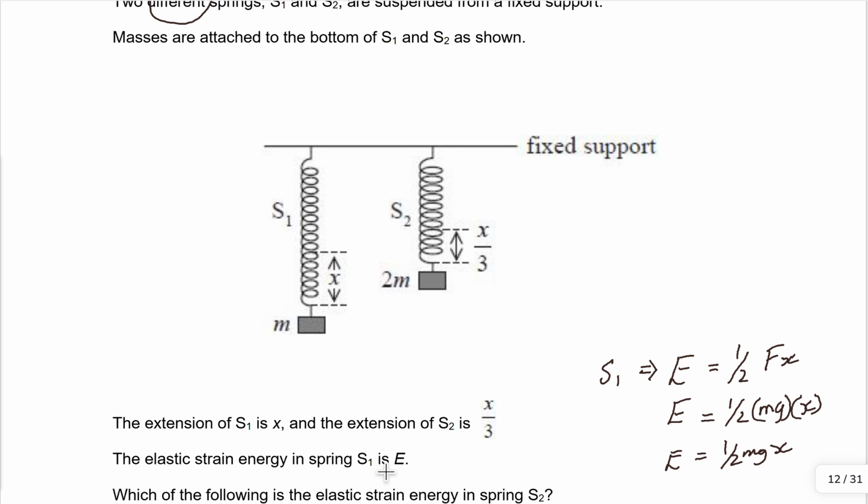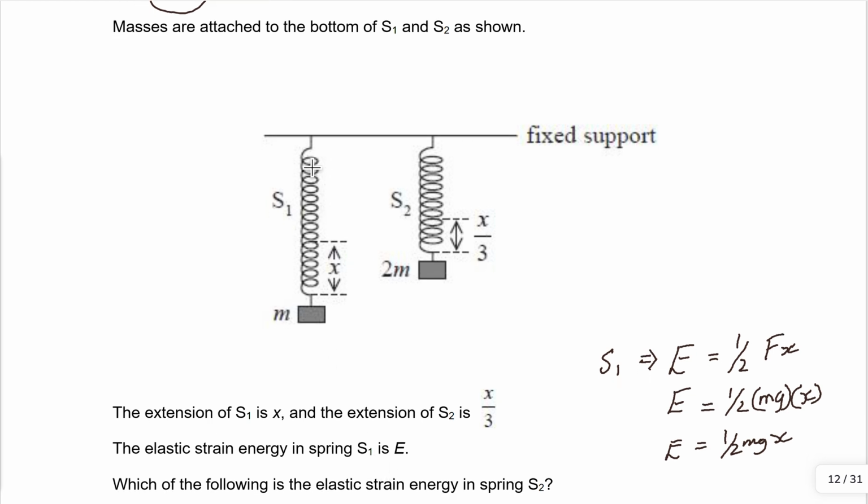So we will look at S1 first of all. They haven't talked about force constant, so I'm not going to write down the formula for elastic strain energy, or elastic potential energy in other words, E equals half kx squared. We don't have k given because they're two different springs. We will use half Fx because this is the other way of working out the elastic potential energy.